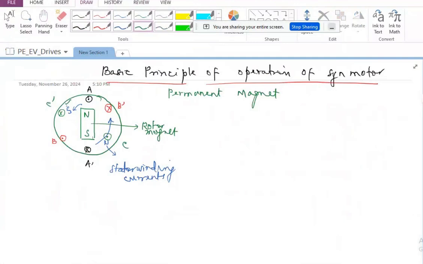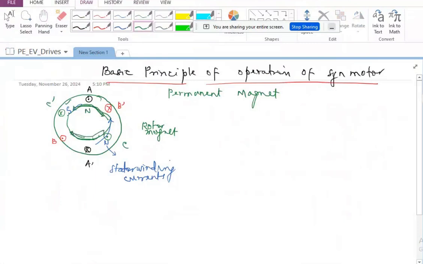Now, we can have this permanent magnet in two different ways. I can have the rotor magnet somewhat like this. Let us say it is a complete rotor somewhat like this, and I'm going to mount this magnet on the surface here. So I call this North Pole. And I mount this magnet on the surface here.